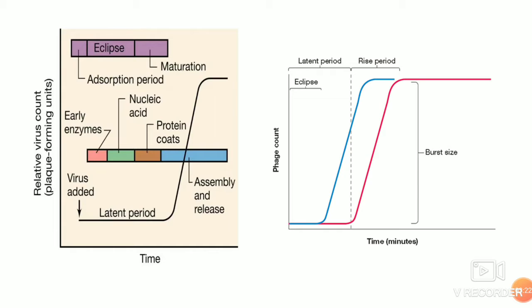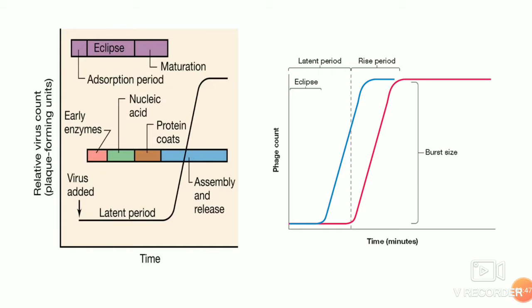Now the later part of the latent phase is the packaging, assembly and release. So there is a synthetic phase where all the intracellular particles are being produced as in the eclipse phase.